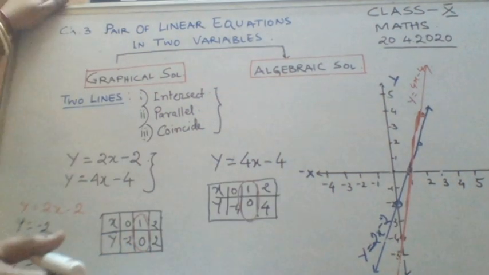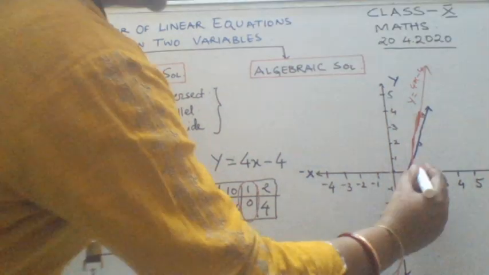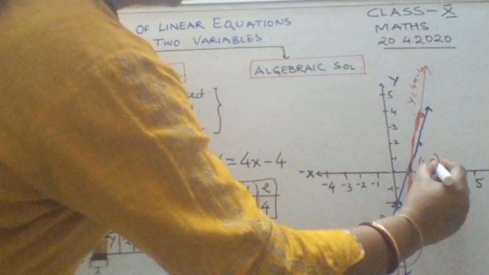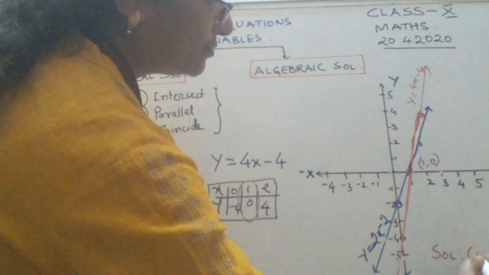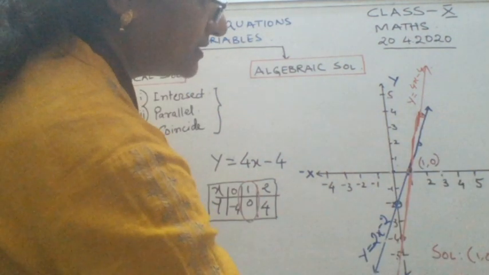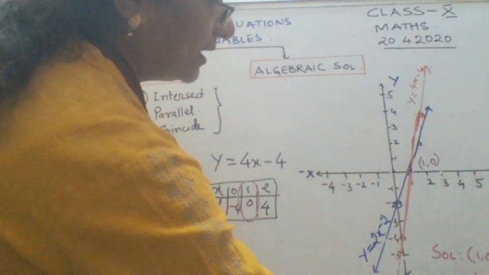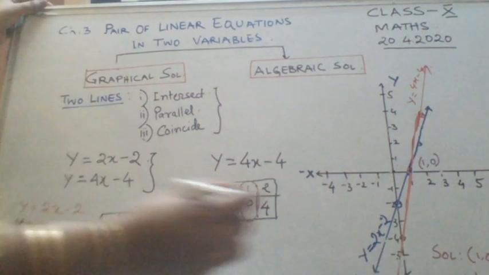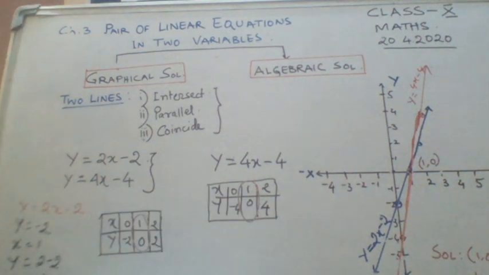So you write 1 comma 0. In the graph itself you can mention solution is 1 comma 0, that is x equal to 1 and y equal to 0. X equal to 1 and y equal to 0 is the solution of this equation.